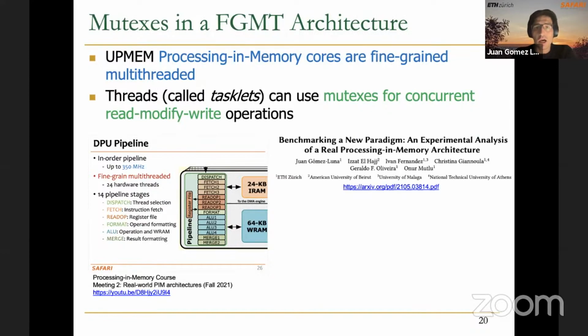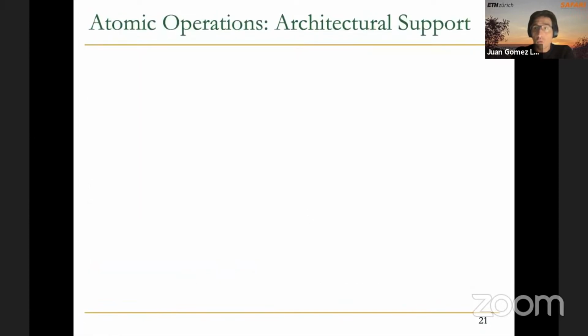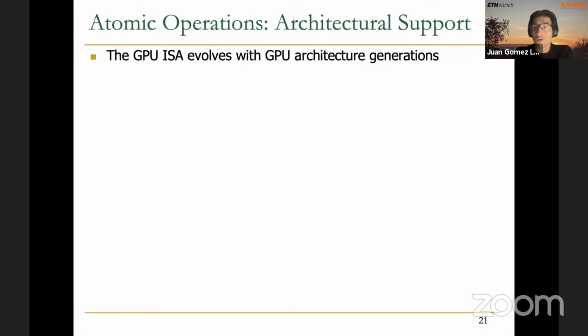If you want to learn about the UPMEM architecture, I recommend this recent paper that we wrote, where you can find implementations of histogram, which is the parallel pattern that we are studying today. We will talk about that later, but first, how are arithmetic operations implemented? There may be different ways, and we are going to talk in detail about how atomic operations are implemented in the last part of this lecture.